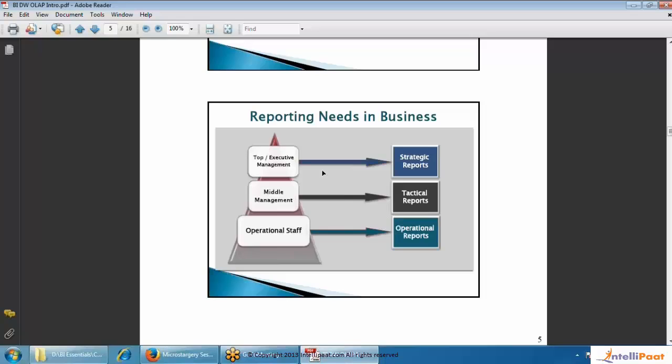Now I'll try to plug these two layers together into something called management. Management typically wants a different type of report, and this type of report is called ad hoc reporting. If you take the example of manufacturing, you want to decide what kind of production you want to do in the next quarter: whether to increase the production of a particular product, or decrease the production of some other product.